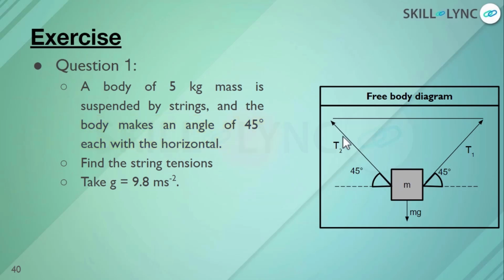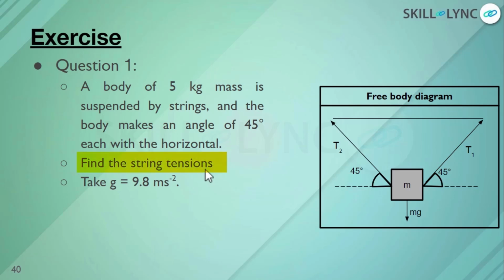Here we can see that string 2 makes a 45 degree angle with the horizontal axis. Similarly, a 45 degree angle is maintained by string 1 and the horizontal axis.